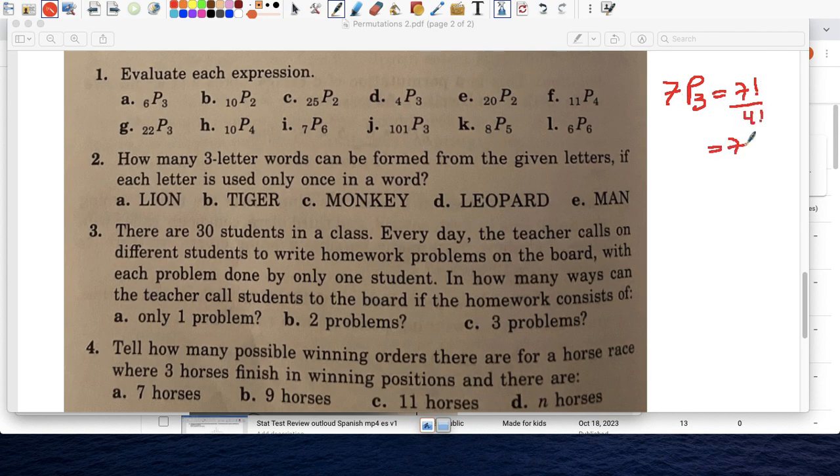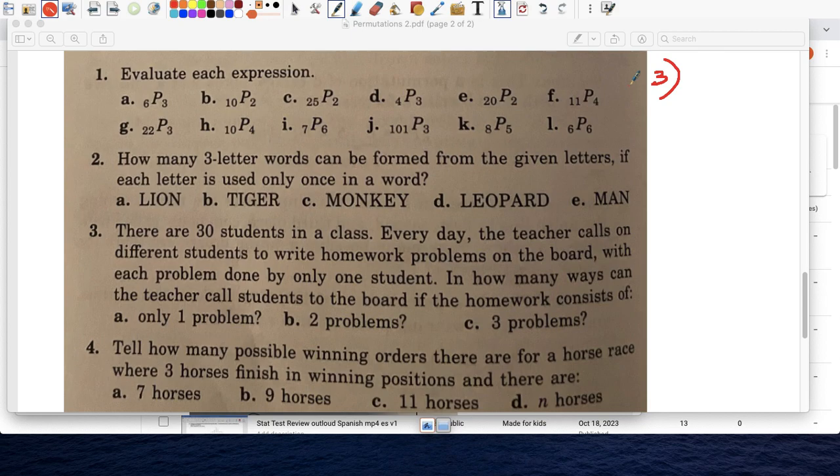So that leaves us with 7 times 6 times 5, which is the 30 times 7, 210. And then man. It's going to be 3 factorial over 0 factorial, which is just 6.